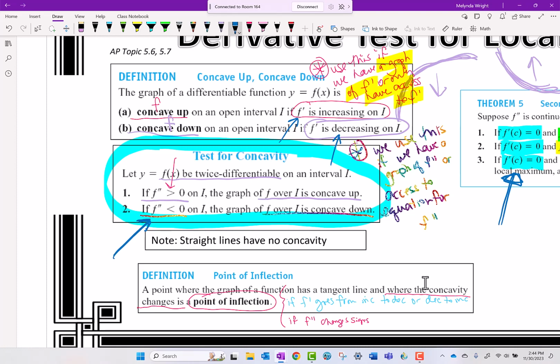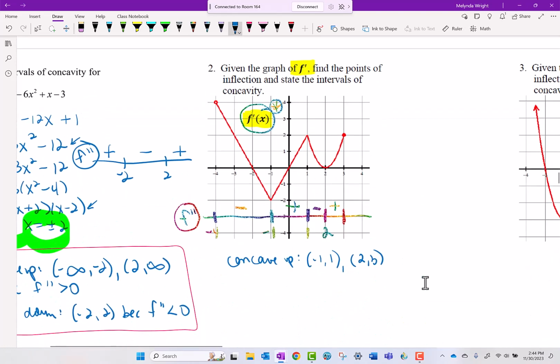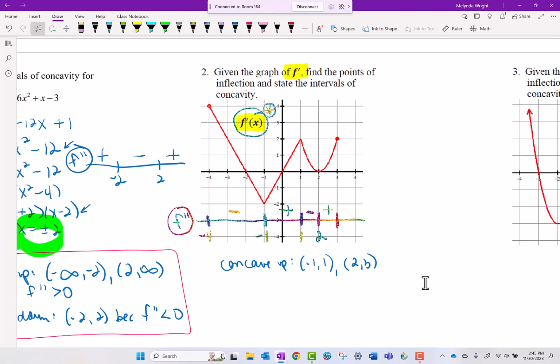Okay, this is a type that I don't have a choice here. So why are we saying we're concave up? Because f prime is increasing.